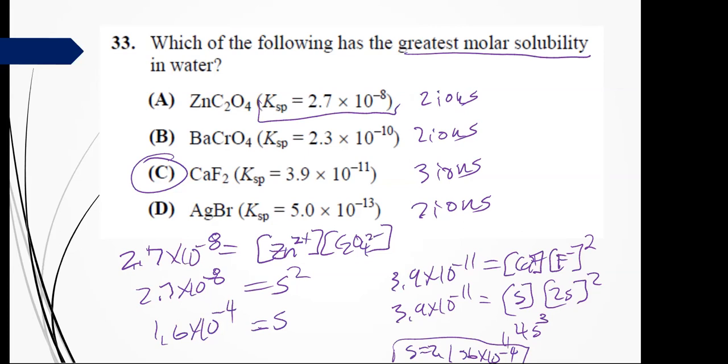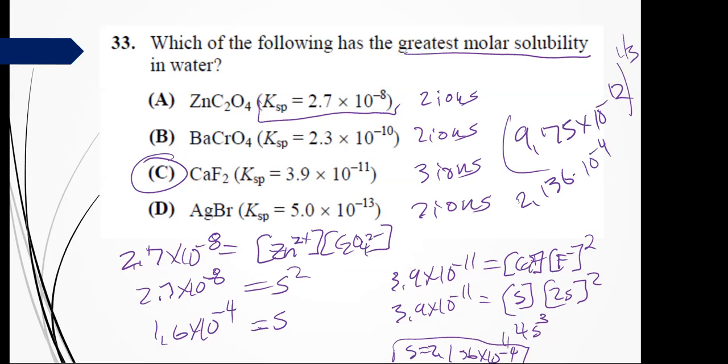So 3.9 times 10 to the minus 11 divided by 4 should give us 9.75 times 10 to the minus 12, and then take the cube root of that number, so that's to the 1/3. I get 0.00009367. So take that number that you have and cube it.